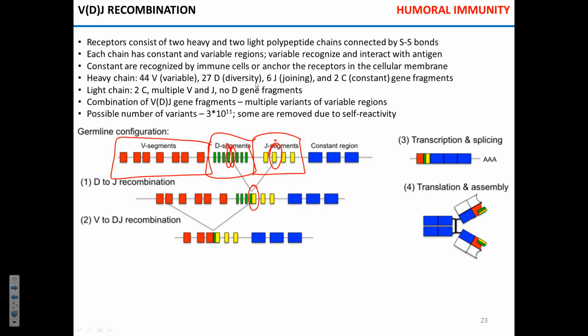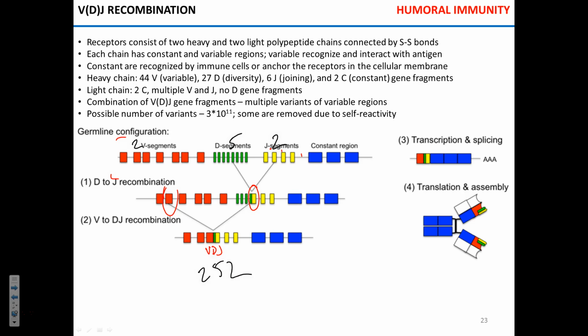And then on top of that, you have this V segment. So you've got V, D, and J. And if we give them numbers, just so it's easier for us to orient ourselves, we pick number 2, pick number 5, and we pick number 2, right? So we have a combination of 2, 5, 2.